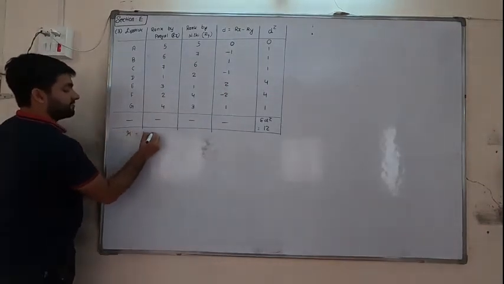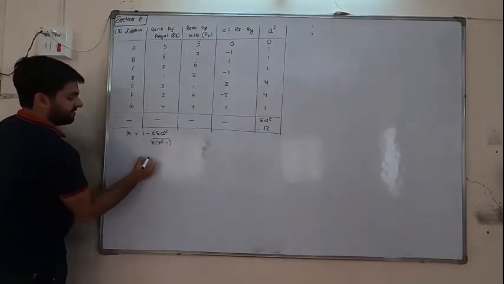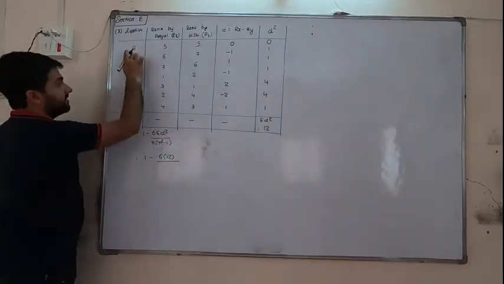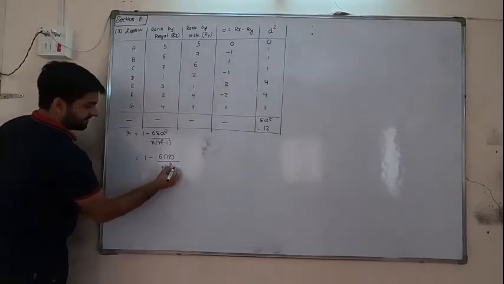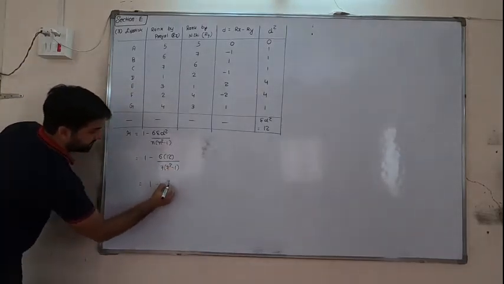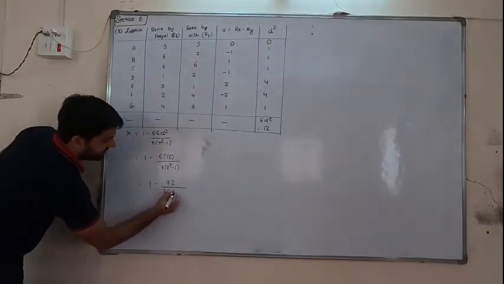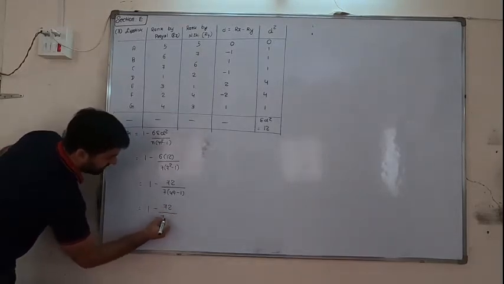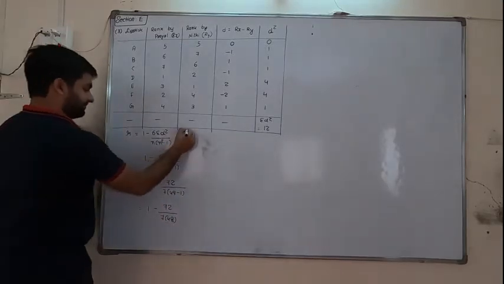R is equal to 1 minus 6 sigma d square upon n in bracket n square minus 1. 1 minus 6 into 12 divided by 7 in bracket 7 square minus 1. 1 minus 72 divided by 7 in bracket 49 minus 1, and 49 minus 1 is 48.